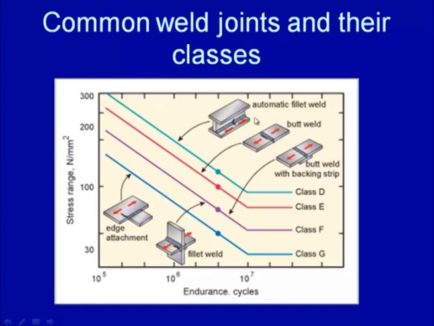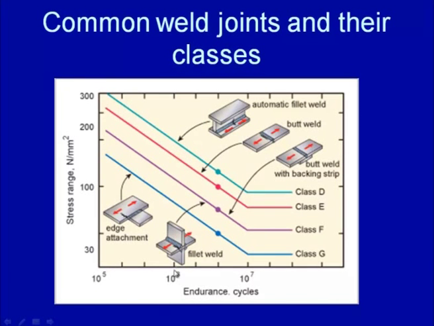Say for example, here the sky color line shows the D class allowable stress range versus the endurance cycle or the fatigue life relationship for the D class weld. D class weld indicates that it is a fillet weld and the loading is applied along the length of the weld, and this has been made using the automatic fillet process to develop the fillet joint.